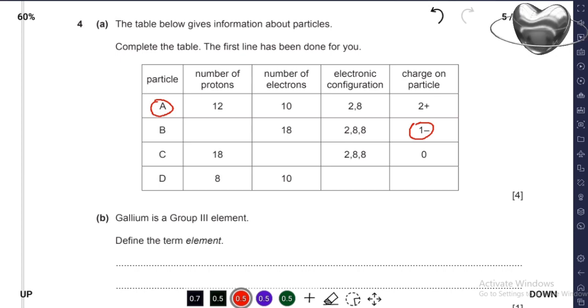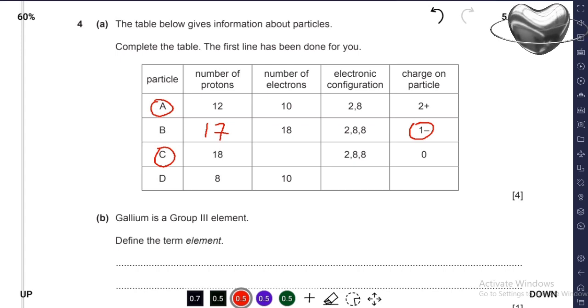It was having 17 electrons. So in this case, to find the number of protons, we are going to subtract 1 from 18 so that we can have 17. Why are we going to have 17? Because the number of protons does not change. Only the number of electrons are able to change. That is very important.